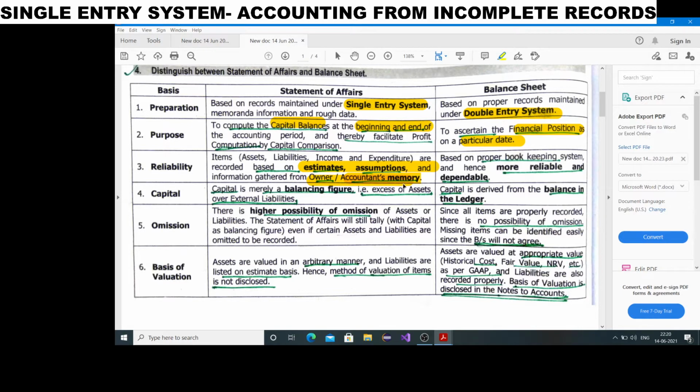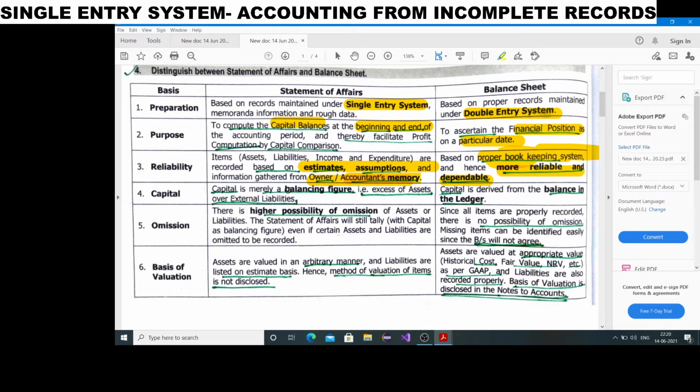So what remains is the memory of the accountant, what he remembers. Based on it, we prepare the final accounts. Balance sheet is more reliable because it is based on properly maintained books of accounts or records, the bookkeeping system, and it's more dependable, right?